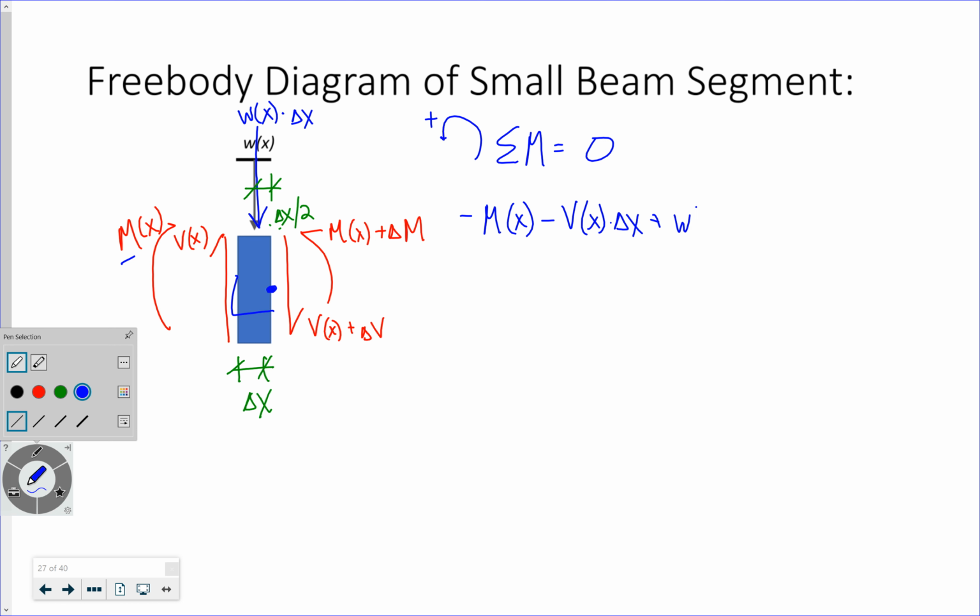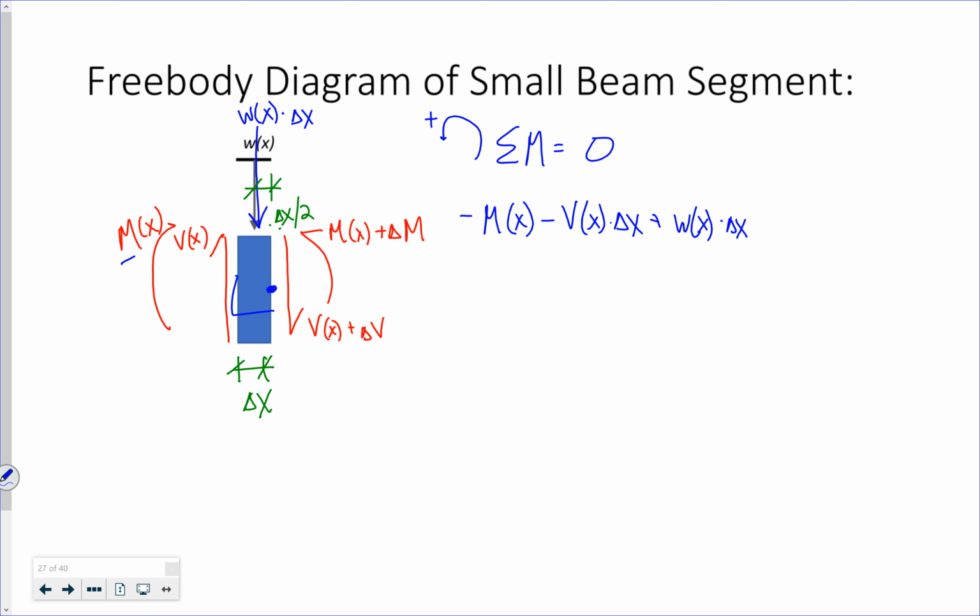The resultant, W of x times delta x, is acting at a distance delta x over 2, and that's multiplied. I can ignore the shear force on this side because it has 0 moment arm.